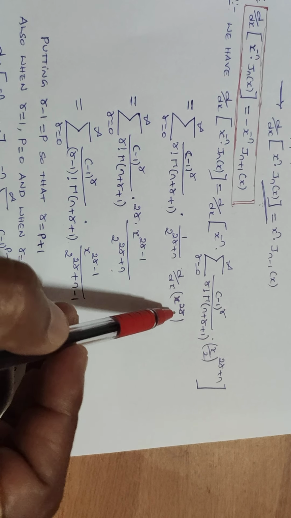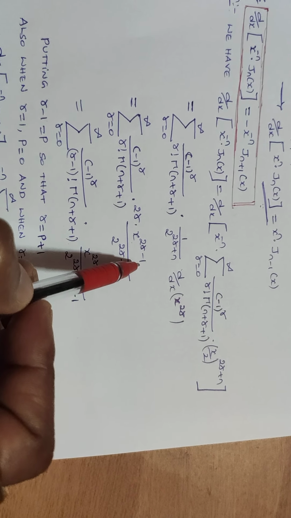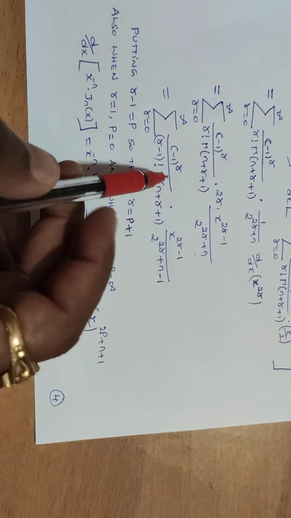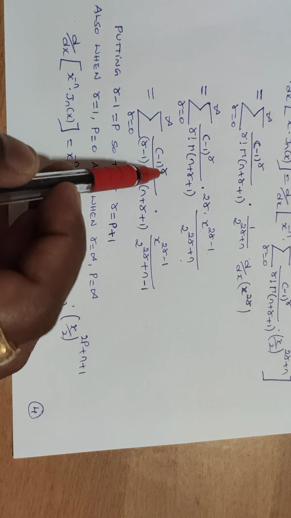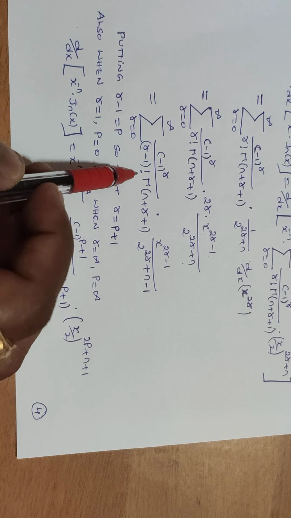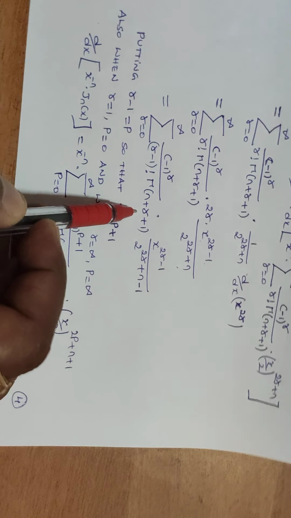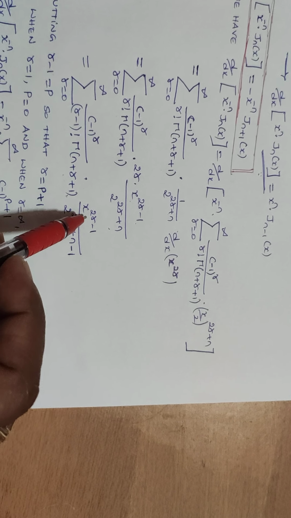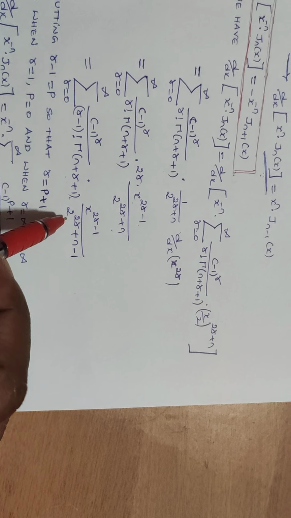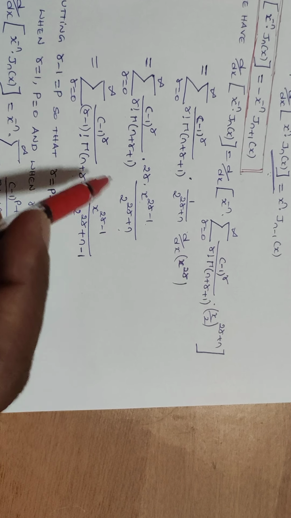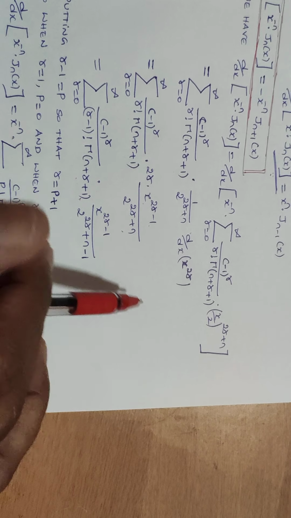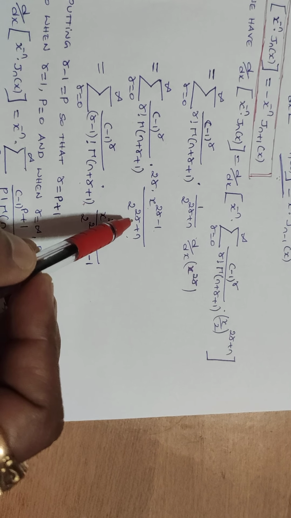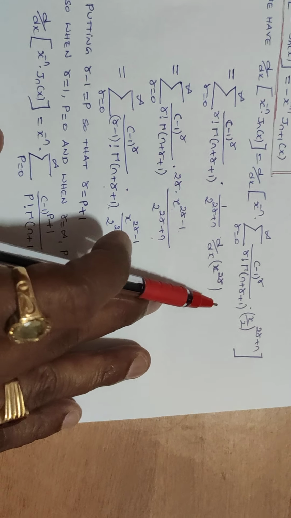X to the power 2r can be differentiated as 2r into x to the power 2r minus 1, which is equal to summation of r equals 0 to infinity, minus 1 to the power r divided by r minus 1 factorial into gamma of n plus r plus 1 into x to the power 2r minus 1 divided by 2 to the power 2r plus n minus 1. As we know that bases are same, here 2 to the power 1, here 2 to the power 2r plus n minus 1.